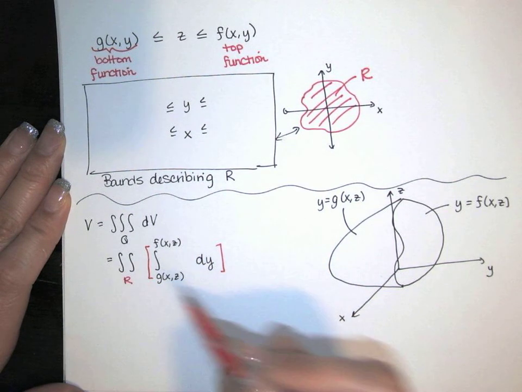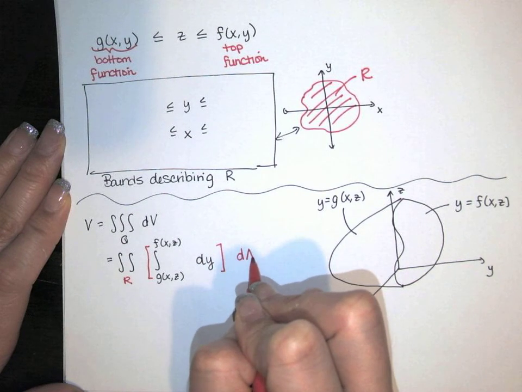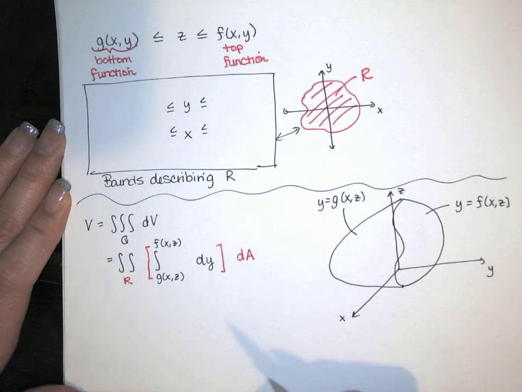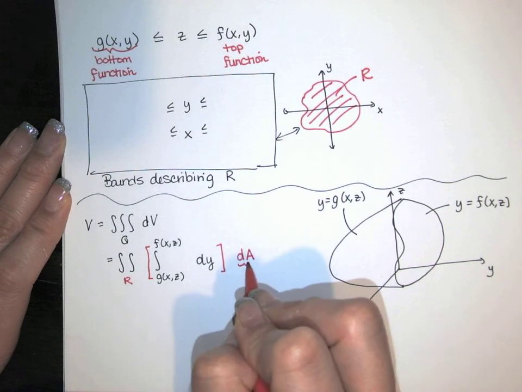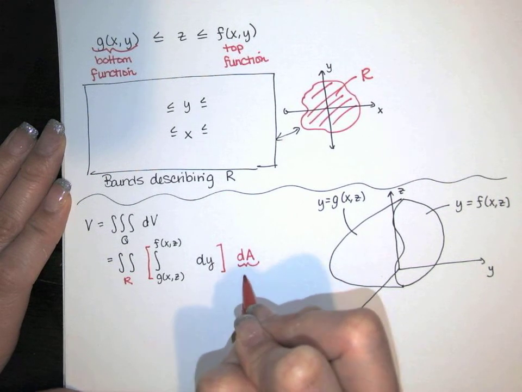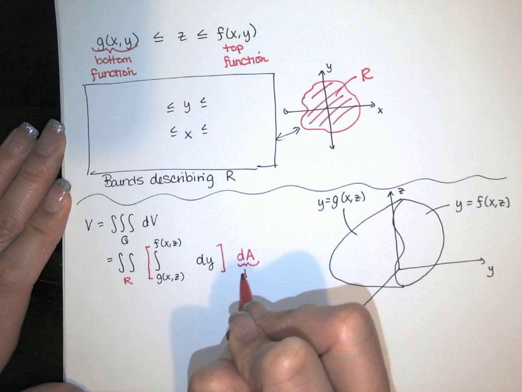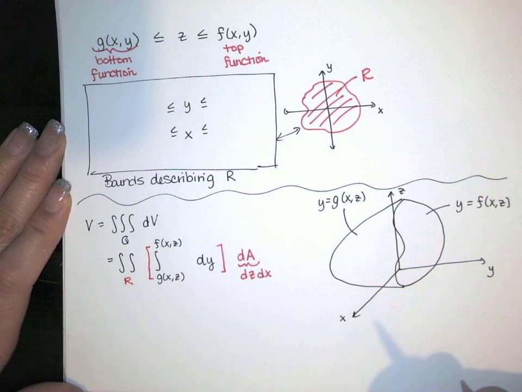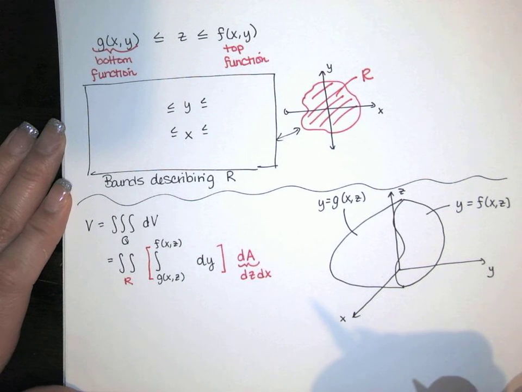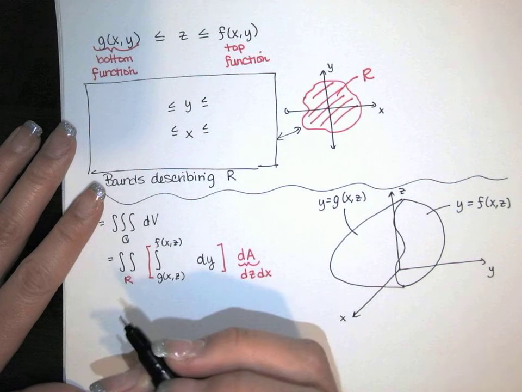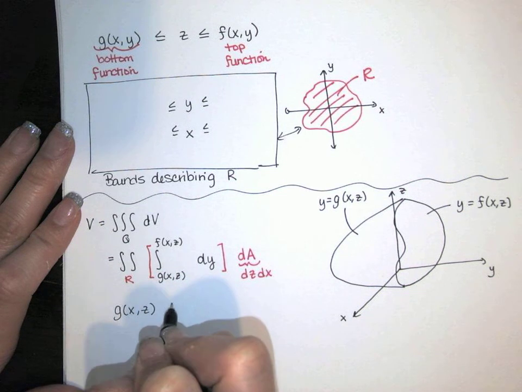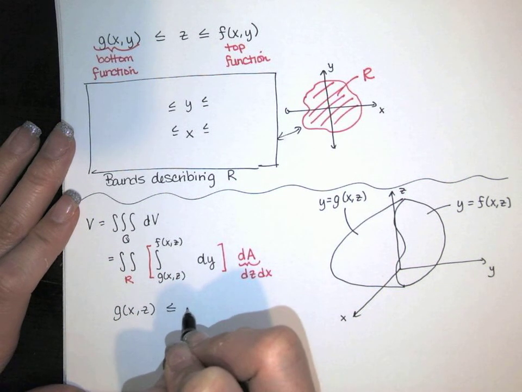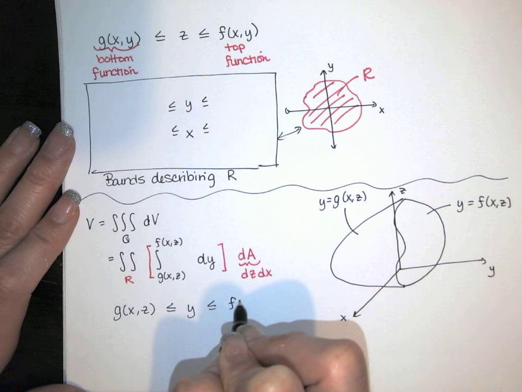And then we'll look at the projection, but this dA and this R are different than that R. This is a projection onto the xz plane. That dA is dz dx or dx dz, whichever you prefer. So in this case, y goes from a left function to a right function.